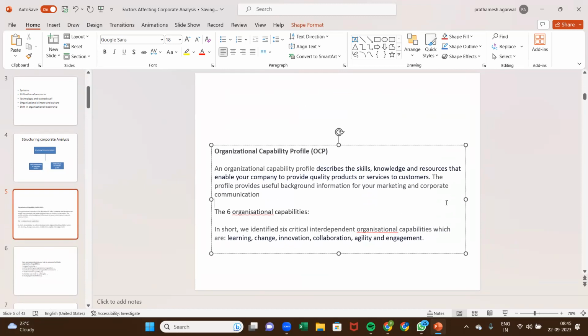In any organization, we always need to improve the performance.